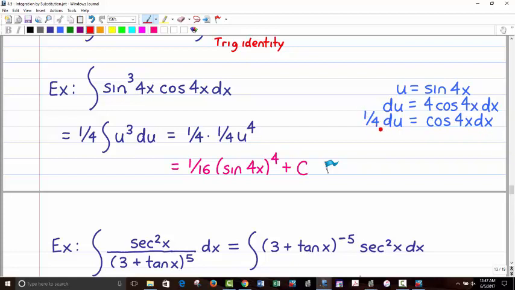So it generates that extra 1/4. That 1/4 is the first 1/4 right here. And then just by coincidence, because this is u cubed, when you take the antiderivative of u cubed, you're going to have 1/4 u to the 4th. So you just have two independent 1/4s that happen to be the same thing. Multiply those together and you get 1/16 u to the 4th. Now you replace your u to the 4th with sine of 4x to the 4th. So you have 1/16 sine of 4x all to the 4th plus c.